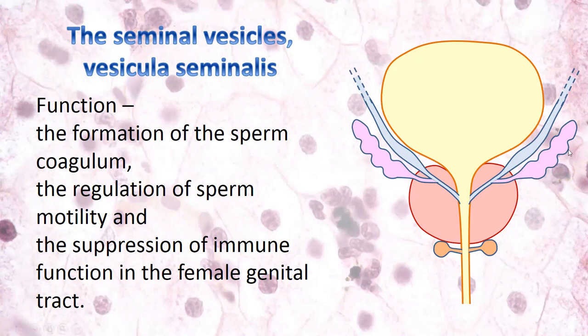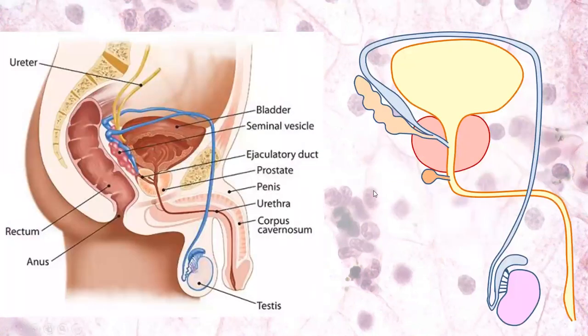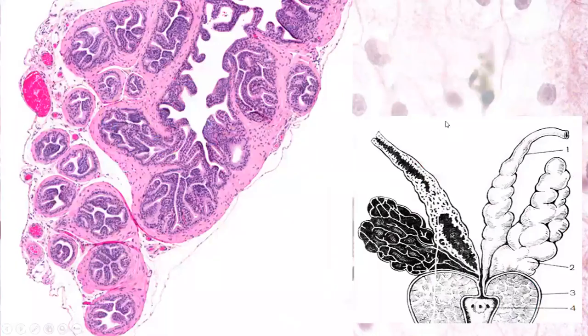These seminal vesicles produce special substances which decrease immune function in the female reproductive tract. Here we can see seminal vesicles. Their ducts open in the urethra, and it helps in the movement of spermatozoa.